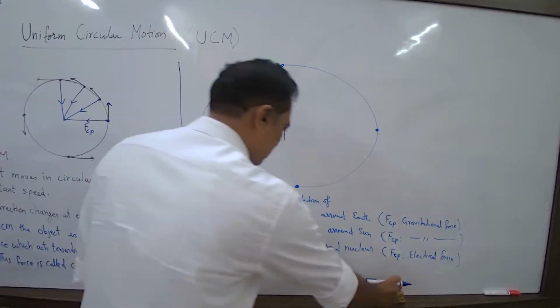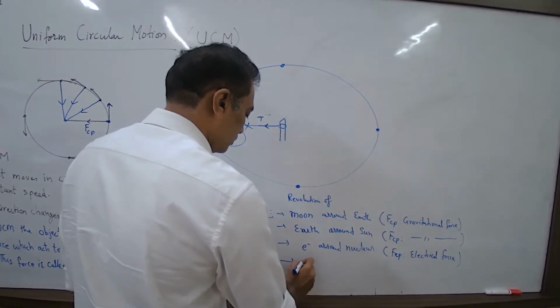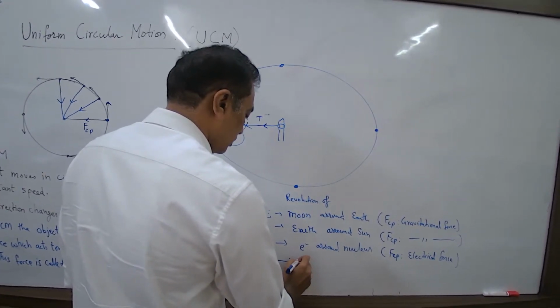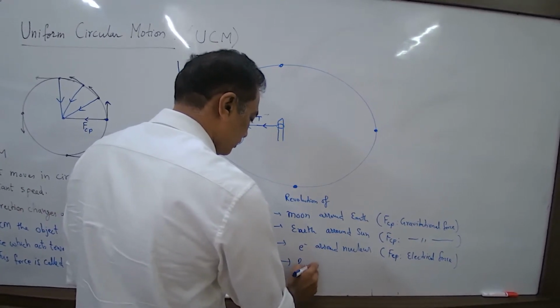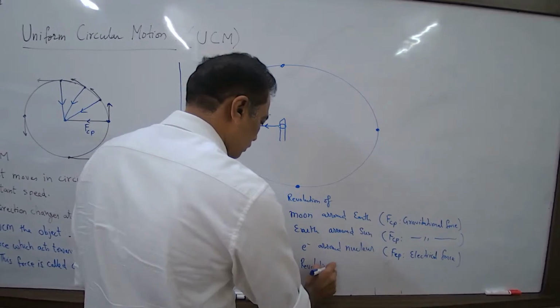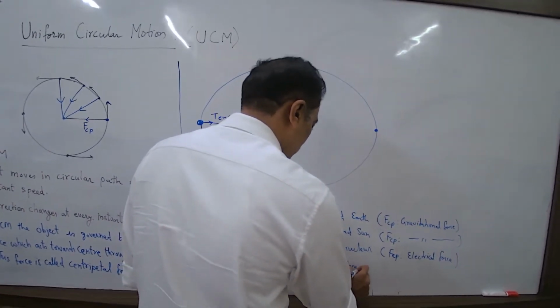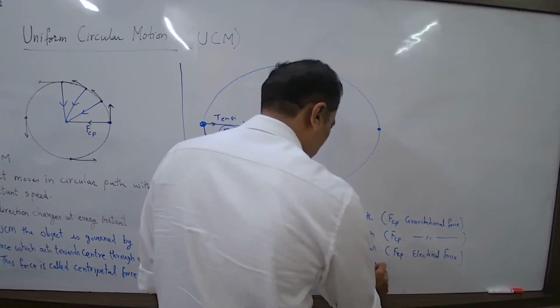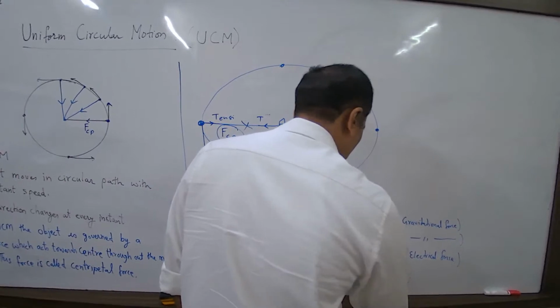So write this example: revolution of a stone tied to a string.